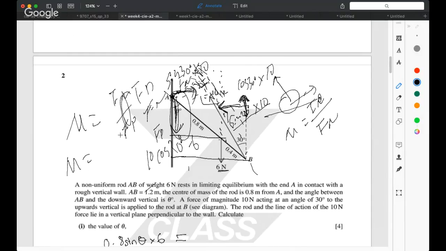The friction force here is Fp, which is equal to 10 cos 30 degree minus 6, and the reaction force is equal to sine 30 times 10.